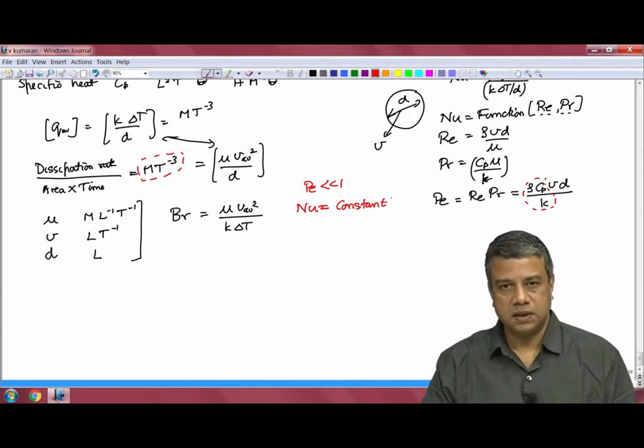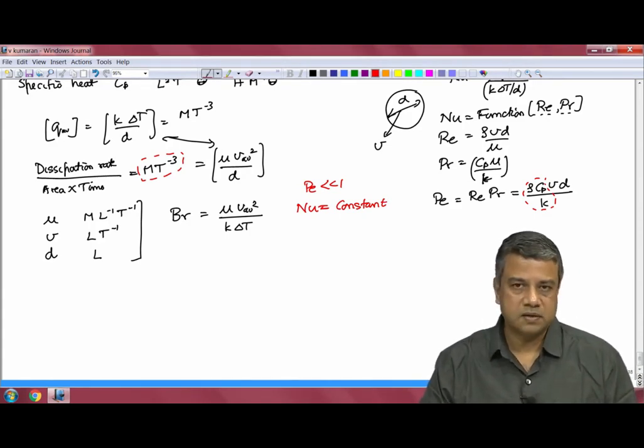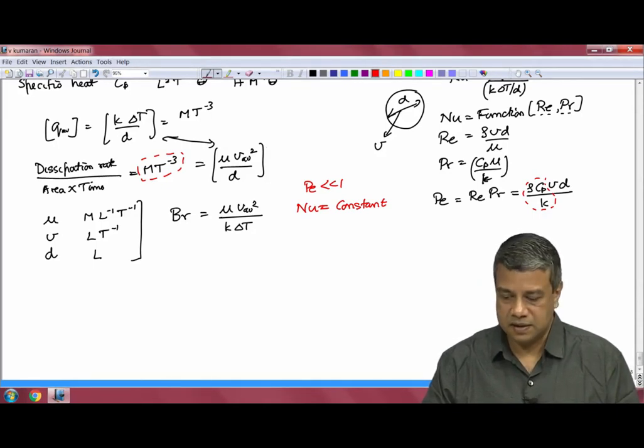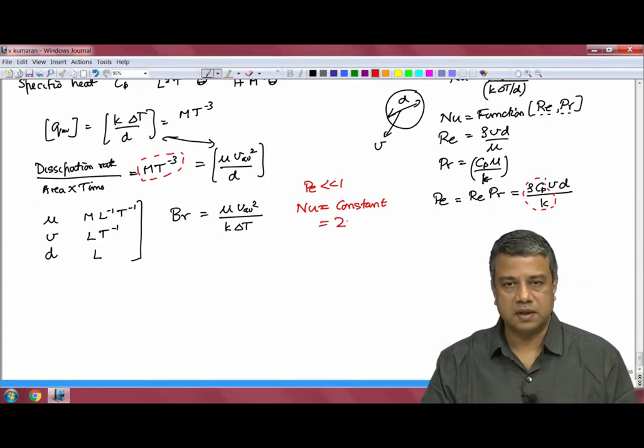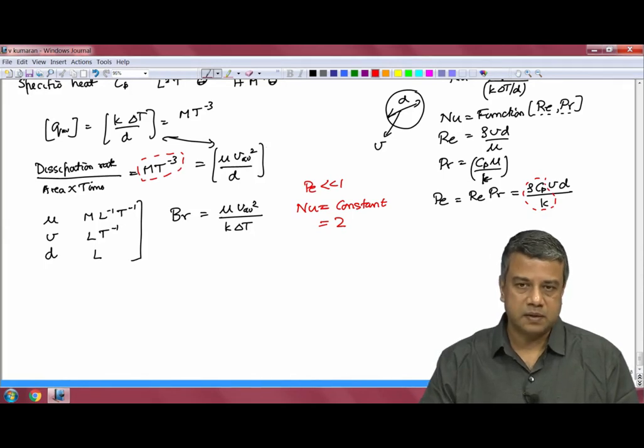When the ratio of convection and diffusion is small, the Nusselt number has to be a constant, and of course, that value of the constant has to be calculated. Turns out that it is equal to 2, just as the Sherwood number, for reasons we will discuss a little later, when the Peclet number is small.